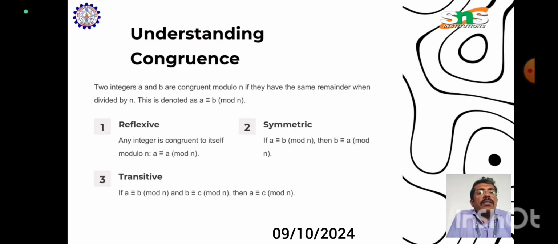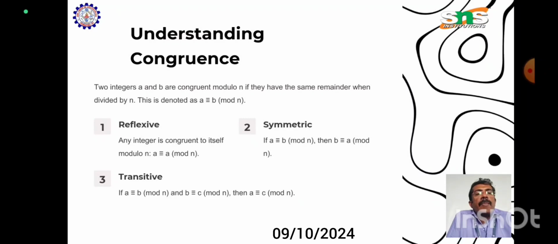For example, if you take the number 43 and divide it by 7, it will leave a remainder. So if you take 43 as a and the remainder as b, then your n value will be 7. This can be taken as an example for a congruent b mod n.